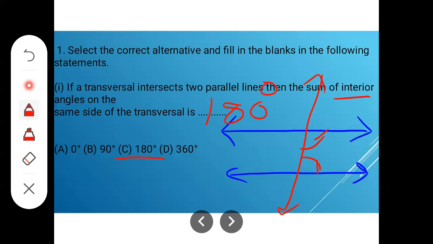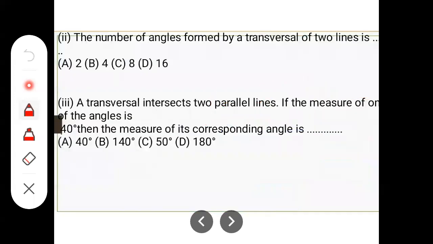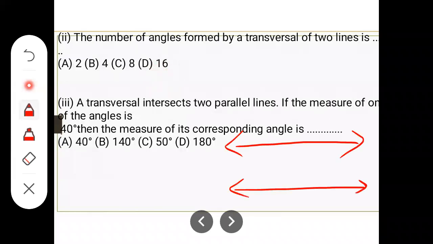Now another, see the second one here. The number of angles formed by a transversal of two lines is. So how many angles are formed because of two parallel lines or two lines and their transversal? Here are the options. Now we will understand it again along with a simple diagram. Here are the two parallel lines.